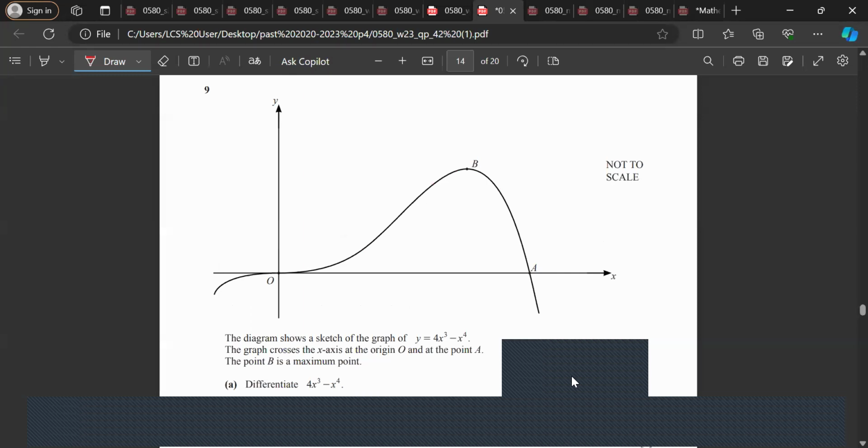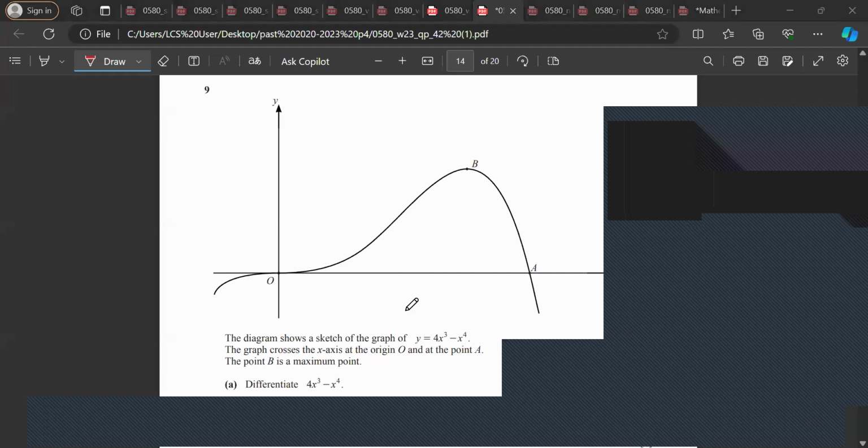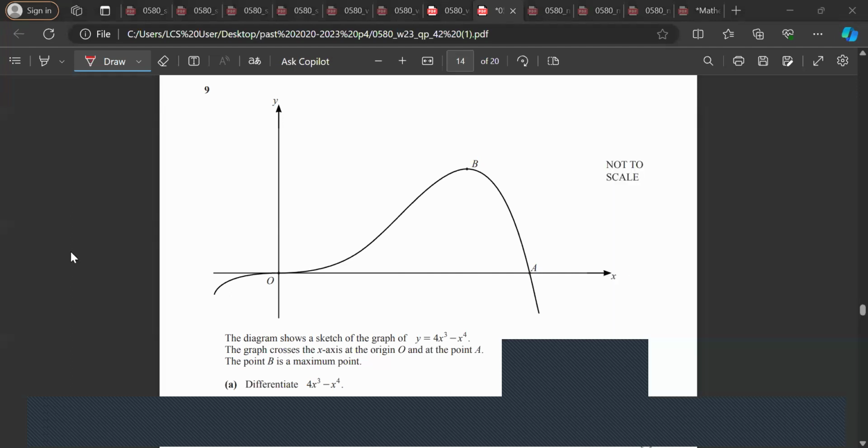What about this? Okay, let's do this. The diagram shows a sketch of y equal 4x power 3 minus x power 4.